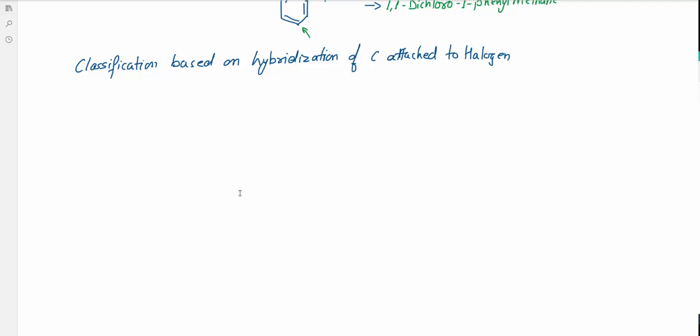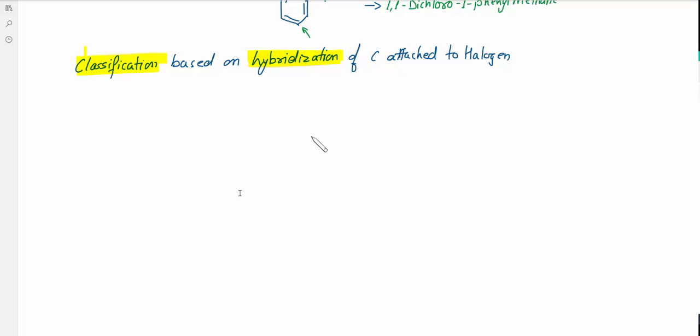So this is actually classification based on hybridization of what? Of the carbon. So it can have sp3, sp2 or sp hybridization.